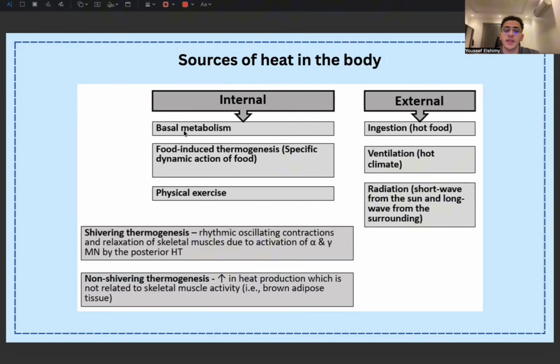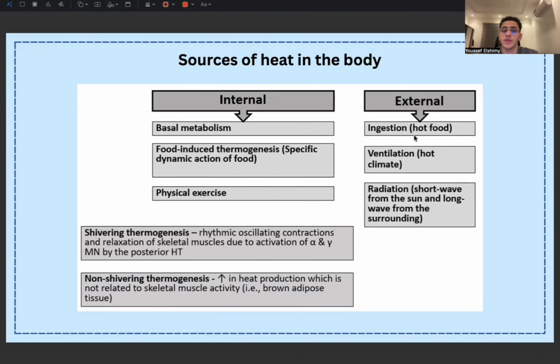So this is basically the basal metabolic rate, and metabolic rate leads to the production of heat as a side product. We also have food-induced thermogenesis: whenever you ingest food, there is production of heat. Also, physical exercise leads to shivering thermogenesis and the production of heat from inside our body.